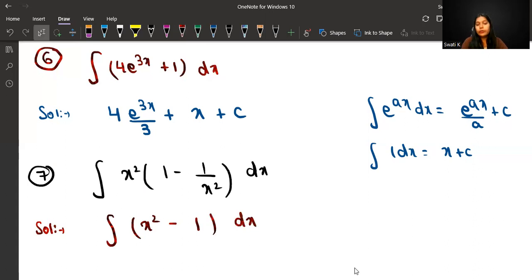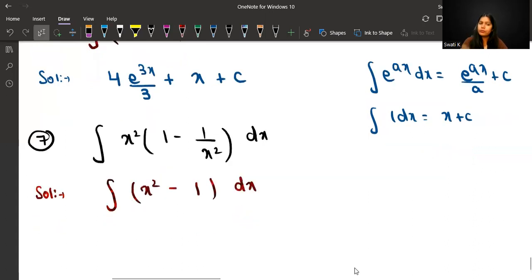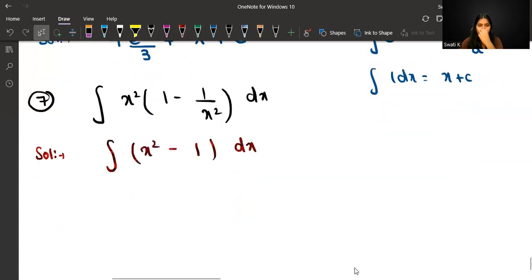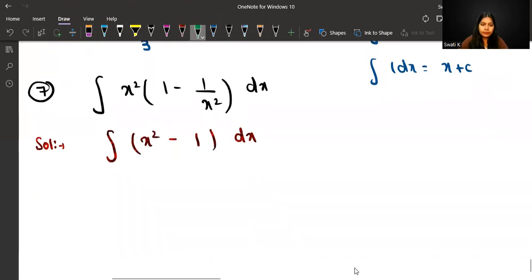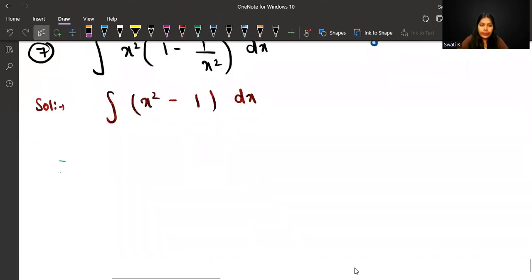Now we already know the integration of x raised to n, so we will directly use the formula here. Integration of x raised to 2 will become x cube upon 3, because x raised to n is x raised to n plus 1 upon n plus 1, minus integration of 1 is x, and then plus c.